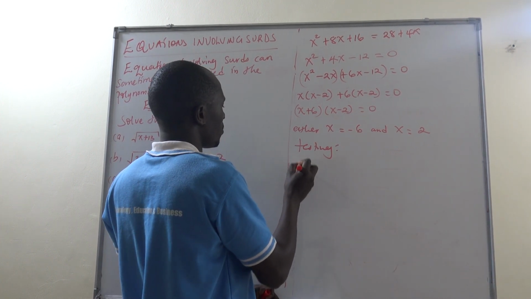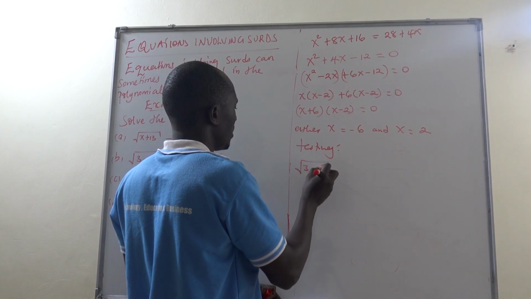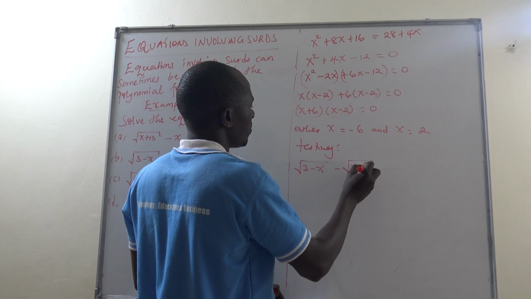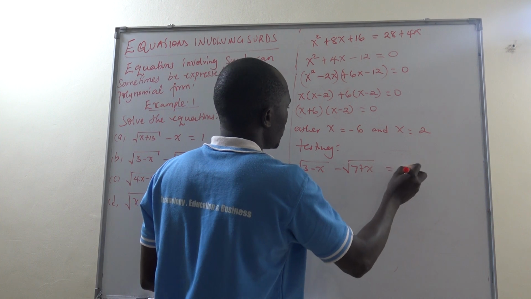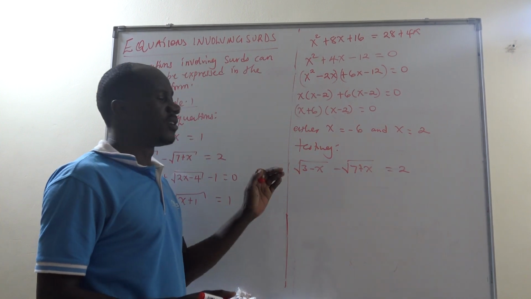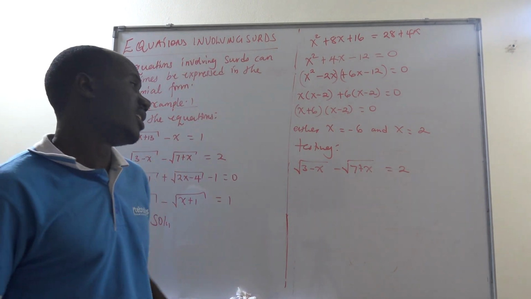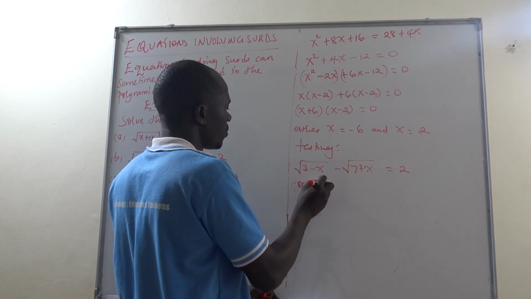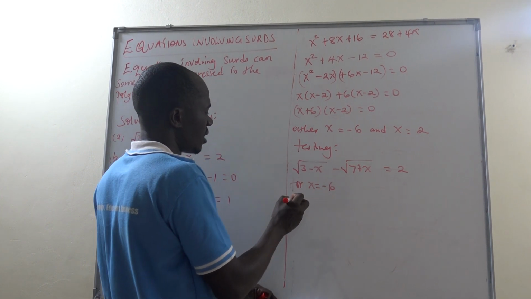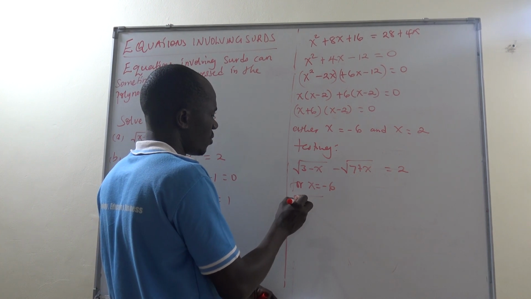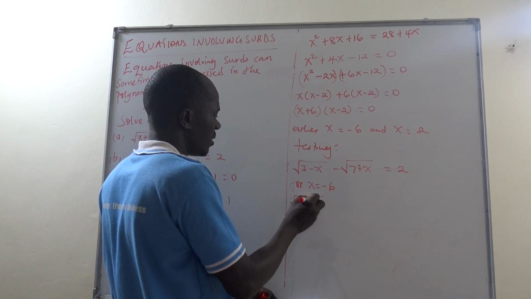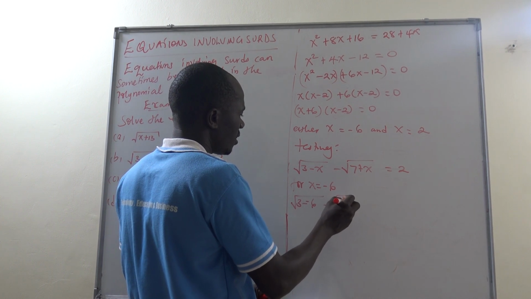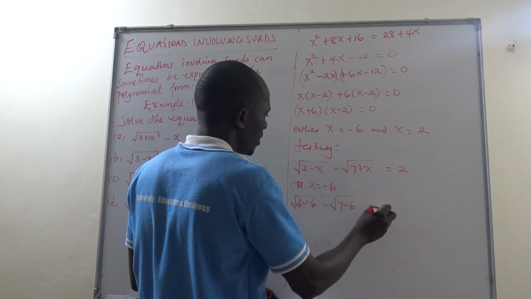The equation was root of 3 minus x minus root of 7 plus x, if it is bringing a 2. If the left hand side is equal to the right hand side, you start by substituting in. For x equals negative 6, we substitute in, we get root of 3 minus 6 minus root of 7 minus 6, if it is bringing 2.